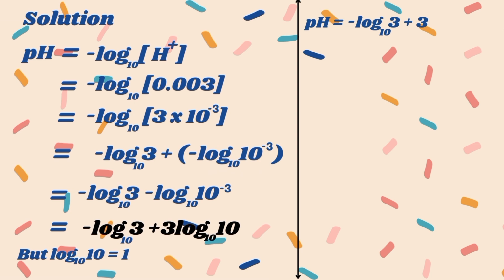So using your calculator, you have that negative log 3 base 10 is equal to negative 0.48 plus 3. That will eventually give us our final answer, which is 2.52.